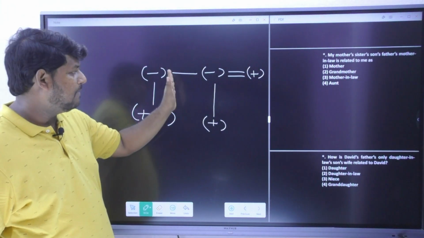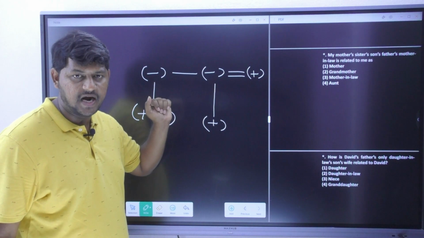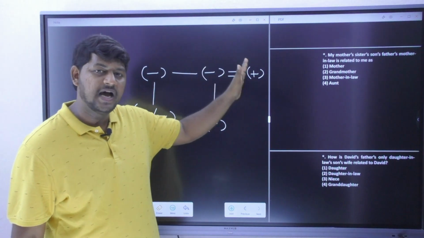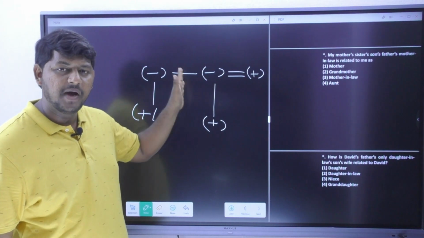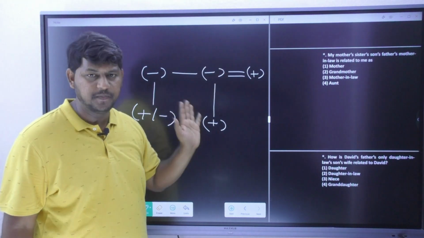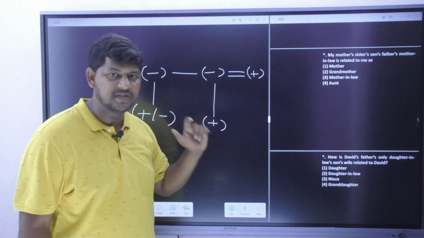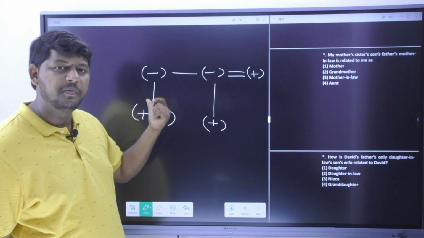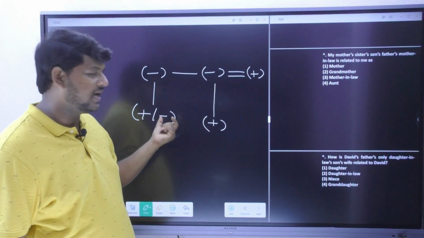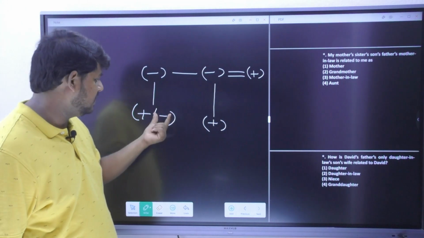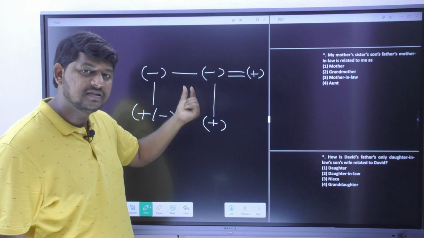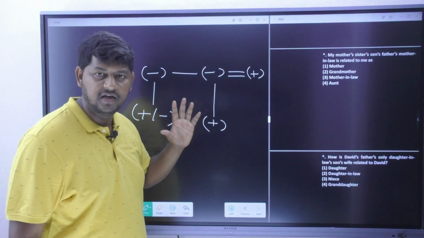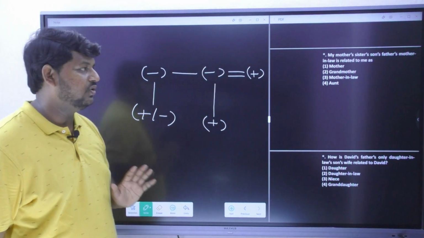My mother's sister is my aunt. My aunt's husband is definitely my uncle. Instead of saying my auntie's husband or my mother's sister's husband, it is trying to give you a bit of complication, or a bit of a hard time. So it says my mother's sister's son's father, it is definitely your uncle only.